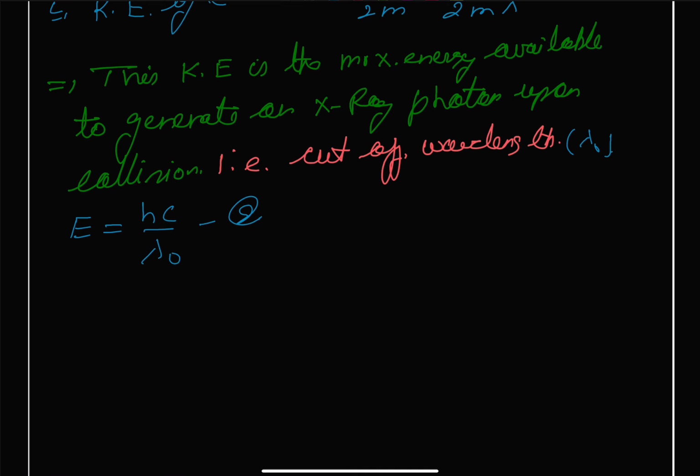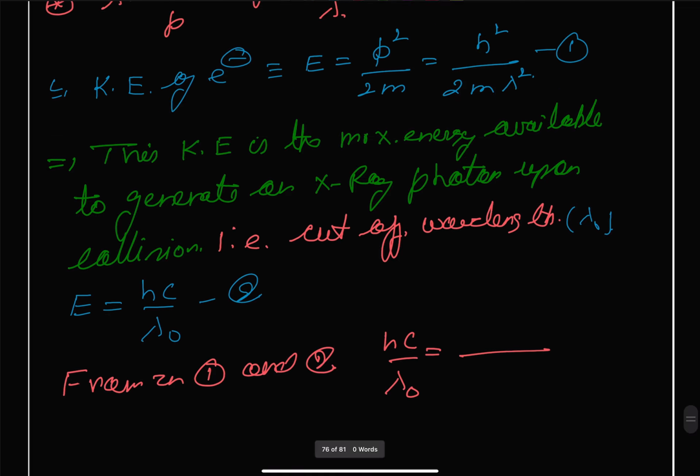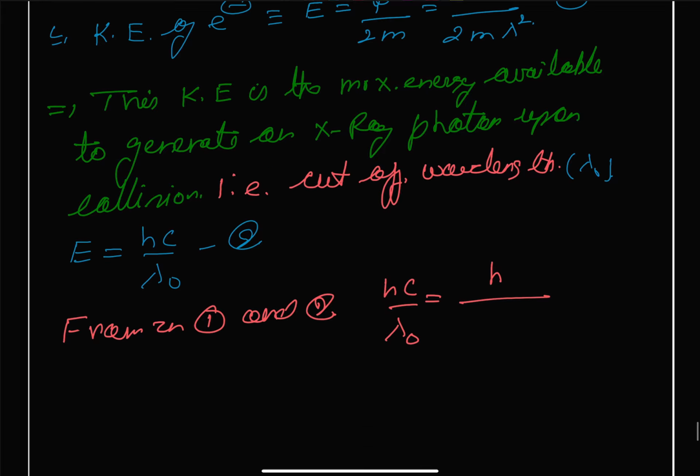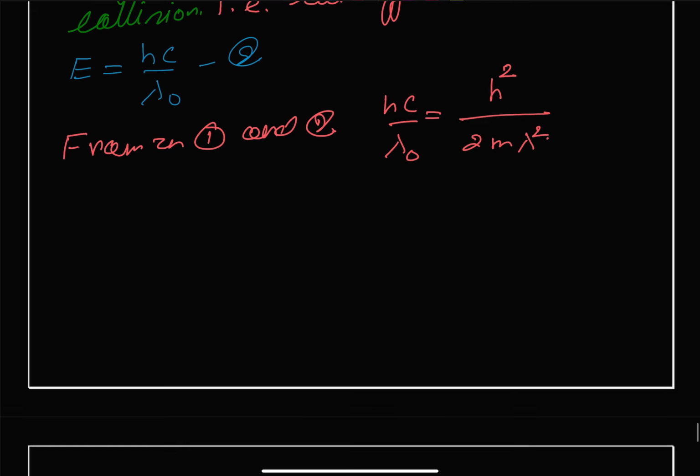So we can equate both the energies from equation 1 and 2. From equation 1 and 2, we can write hc upon lambda naught is equal to h square upon 2m lambda square. So here this h cancels, and we are supposed to find out lambda naught.